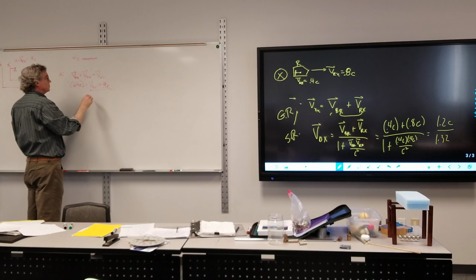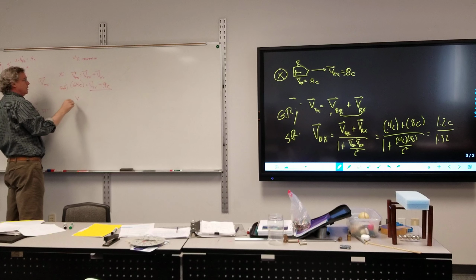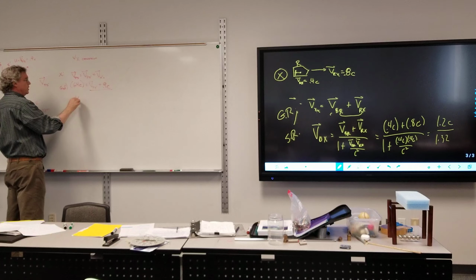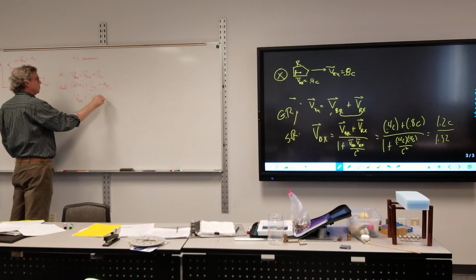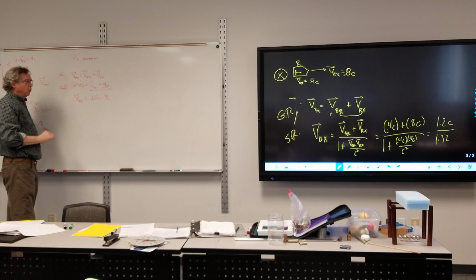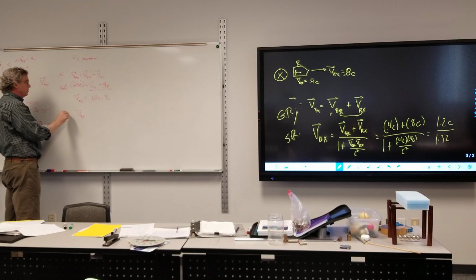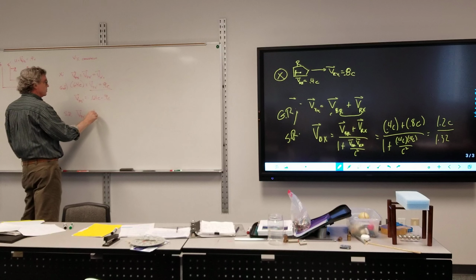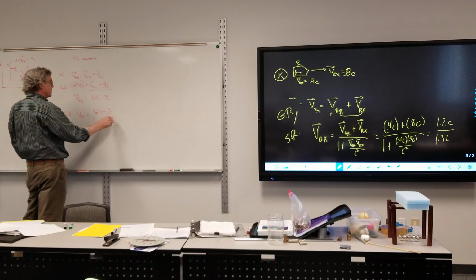Actually, this is Galilean relativity. We'll stick with that for just a moment. So Vp s prime is equal to 0.64 c minus 0.9 c, just subtracting it. Now going into special relativity, Vp s prime is 0.64 c minus 0.9 c over 1 minus 0.64 times 0.9 c squared.